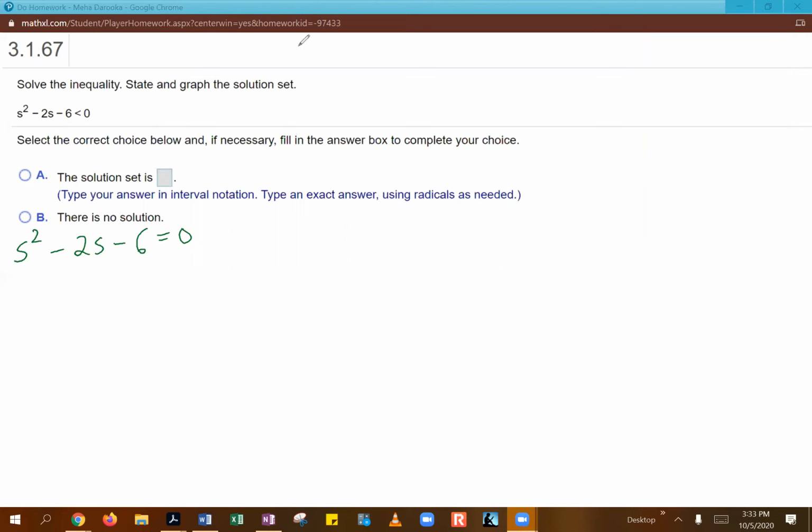Let's do the quadratic formula here. And just to remind you of your quadratic formula, it's going to be x equals negative b plus or minus square root of b squared minus 4ac, and then the whole thing divided by 2a. Instead of x, we are using s as our variable.